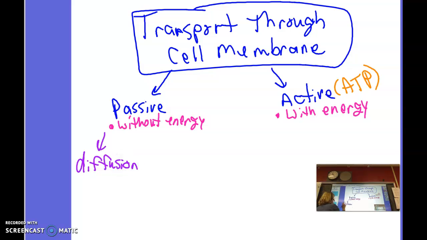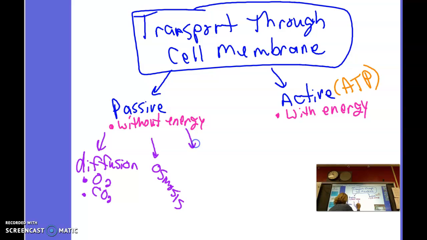And diffusion, a couple of examples we gave was the movement of oxygen and carbon dioxide. The other one is osmosis. That's the movement of water.